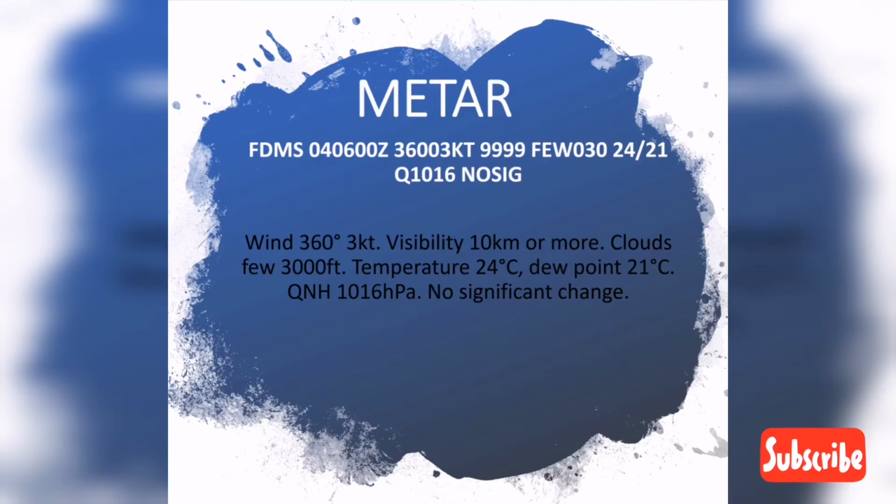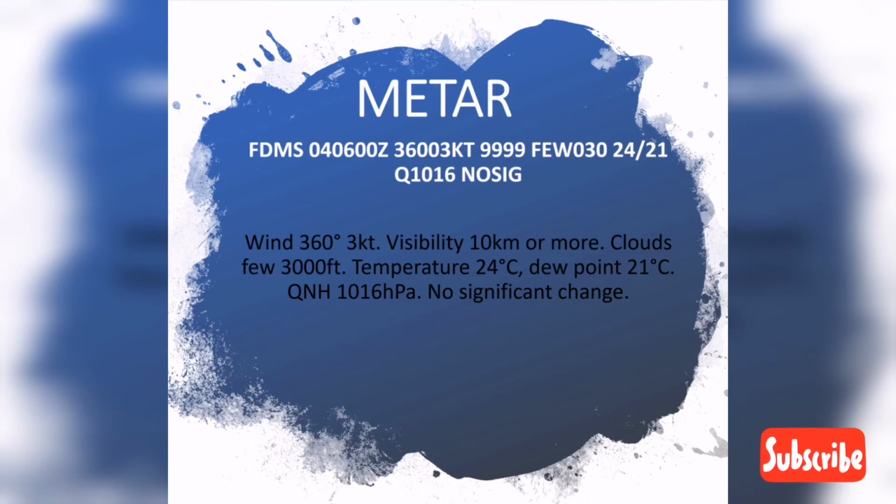Let's jump to neighboring Swaziland and look at a METAR from an airport there in Manzini. The ICAO code is Foxtrot Delta, which is Swaziland, Mike Sierra, which is Matsapha in Manzini, Swaziland.